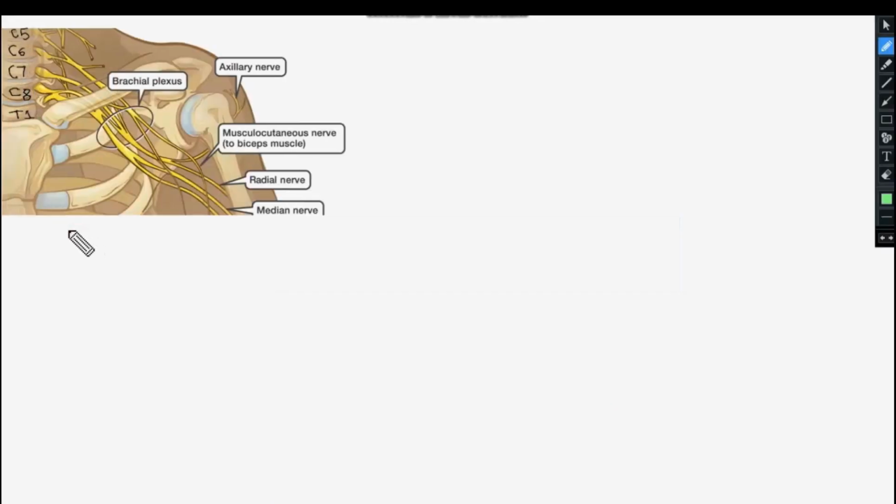Take a quick look at the brachial plexus first in order to understand the topic efficiently. You can see here the brachial plexus. This plexus is formed by the ventral rami of C5, C6, C7, C8 and T1 spinal nerves, which form its roots.